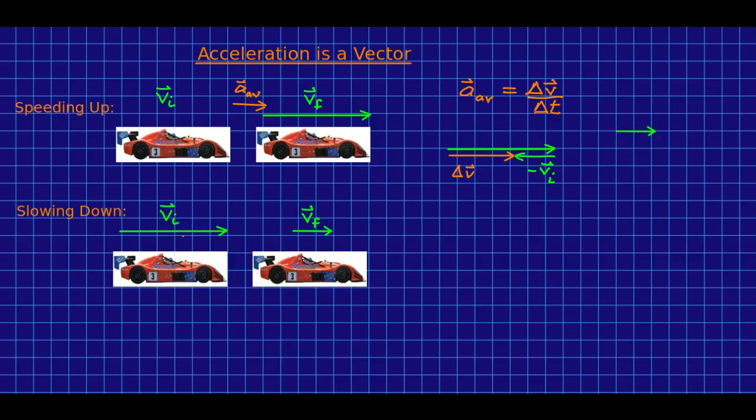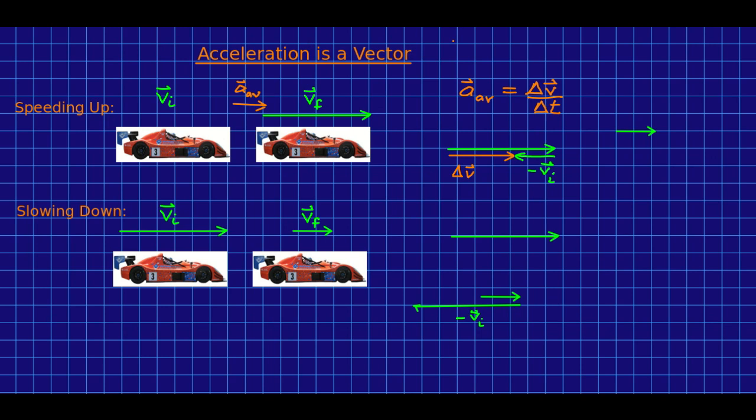Now suppose instead the driver of the race car puts on the brakes and slows down. We're going to do the same thing. We take our vi and flip it around end to end to get negative vi. We add that to vf by putting them head to tail.